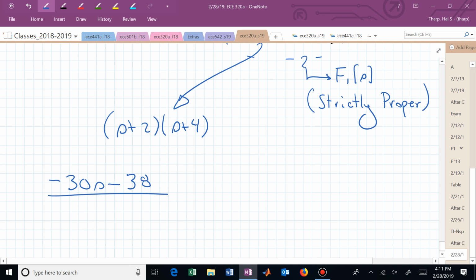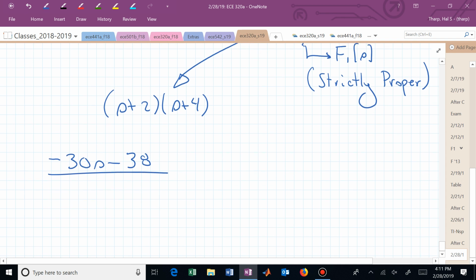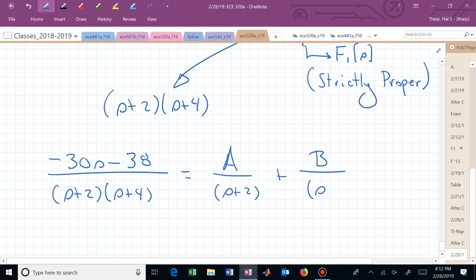Minus 38 over (s plus 2)(s plus 4). And that now we can say is A over s plus 2 plus B over s plus 4.